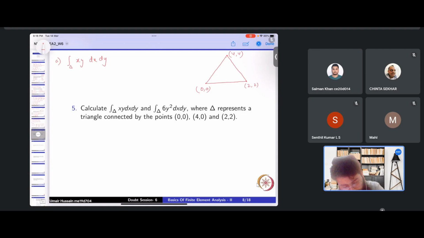Sorry, this is 4 0 and this is 2 2, I named it wrong. So we are given this triangle here, and we need to find the integral over this triangle.